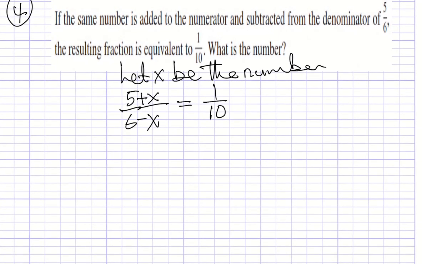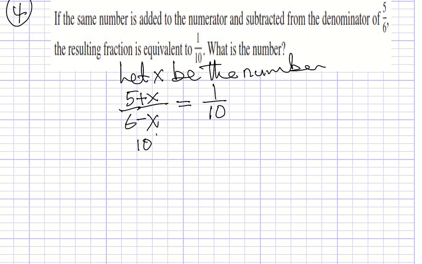We're gonna solve that. Cross multiply, you get 10 times 5 plus x equals 6 minus x, because 6 minus x times 1 gives you the same thing. It changes nothing, man. So you keep simplifying.